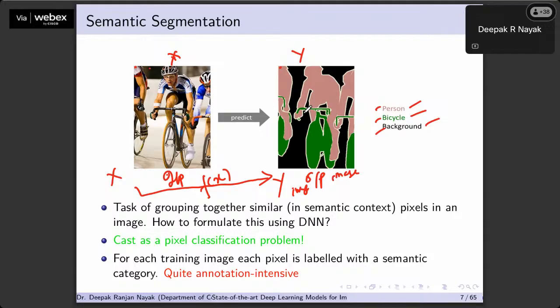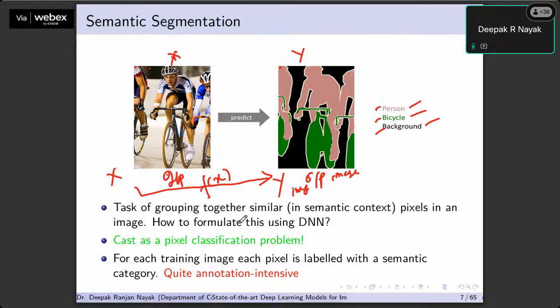But still, we are interested in solving the problem because it is accurate and it mimics the human vision system, the way we learn by looking at images where the object is and what its boundaries are. That is why we're interested in supervised learning based semantic segmentation, which can be cast as a pixel level classification problem. I hope the concept of semantic segmentation is now clear.